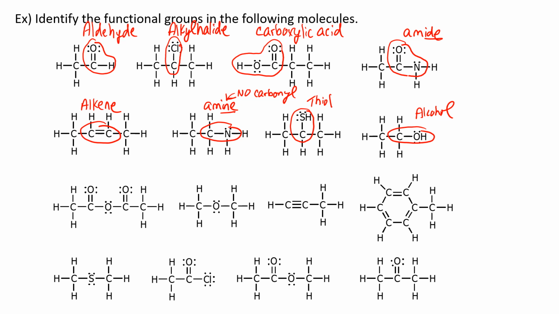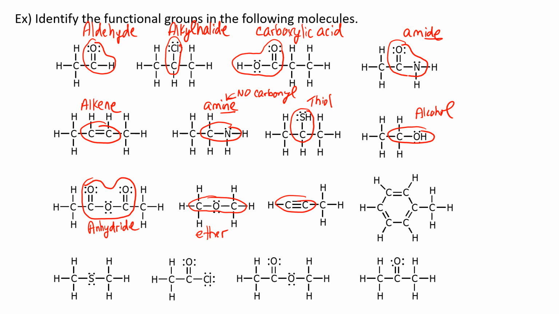In the next example, we have an anhydride. In the next one, we have an oxygen sandwiched in between two carbons. That's an ether. Now, esters have carbonyls. It looks similar, but an ether has no carbonyl.